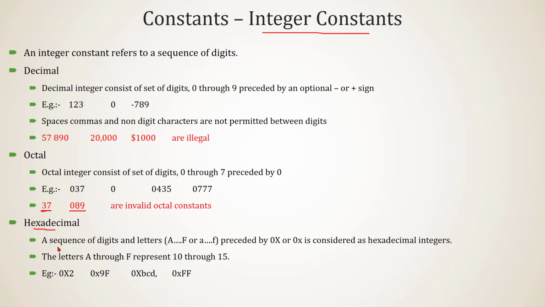So hexadecimal will contain some combination of 16 symbols that include 0 to 9 and A to F. And one more thing, it will be preceded by 0x or 0 small x. Some examples: 0x2, 0x9f, 0xbcd, because A to F can be in small letters also, and 0xff.